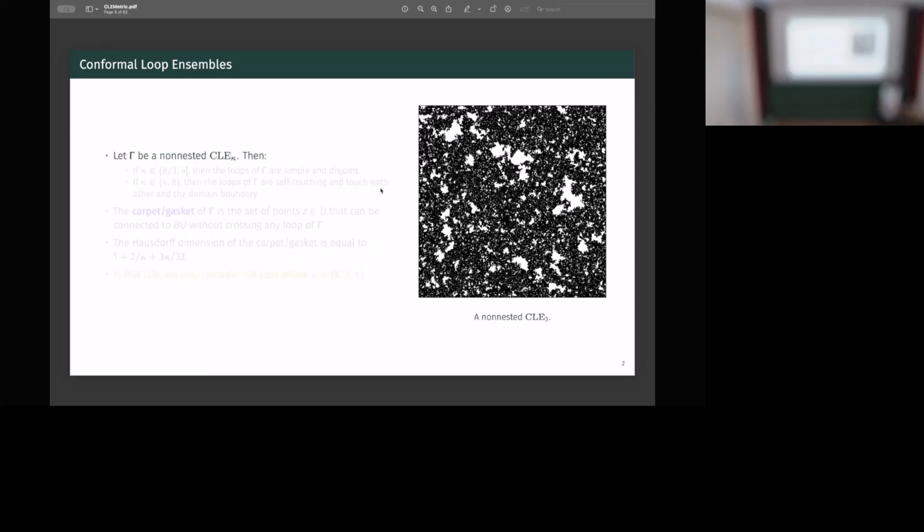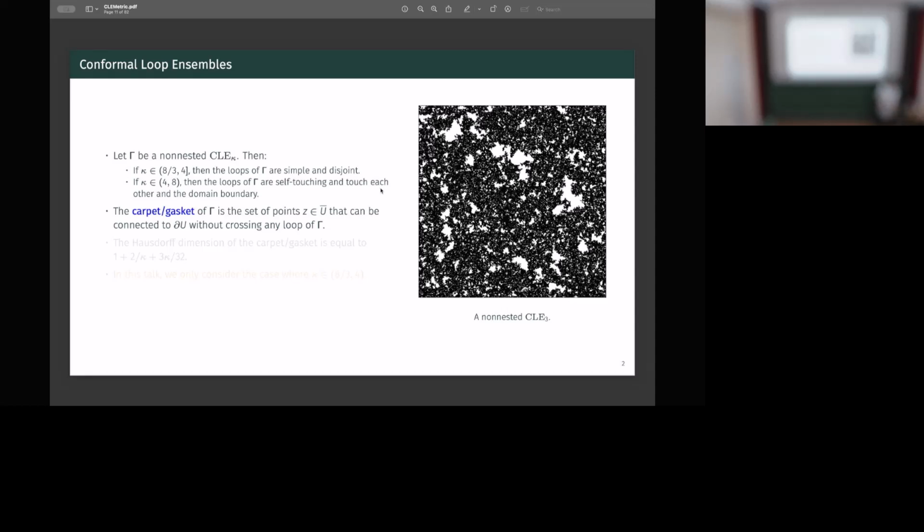There's a phase transition for this CLE. If kappa is between 8/3 and 4, the loops are simple and disjoint. If kappa is between 4 and 8, then the loops will touch themselves and they also touch each other and the domain boundaries. And we define a carpet or gasket. If kappa is at most 4, we call it a carpet, and if kappa is bigger than 4, we call it a gasket.